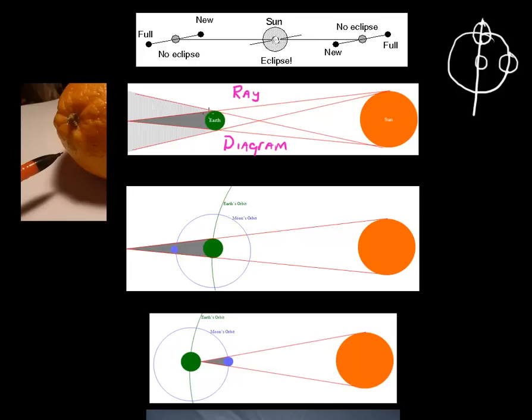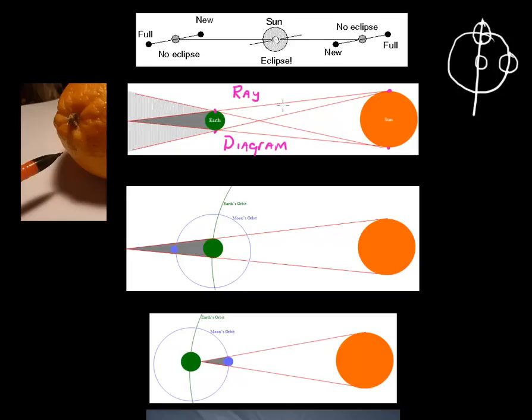In this case, we're talking about a celestial object blocking out the light of an illuminated celestial object. You take the top part of the sun and the top part of the blocking object, and draw a line from the top of the sun to the top of that blocking object, from the top of the sun to the bottom, from the bottom of the sun to the top, and from the bottom of the sun to the bottom.